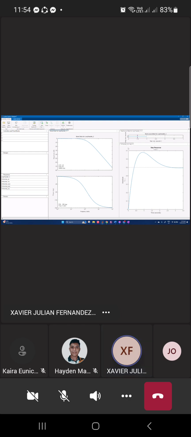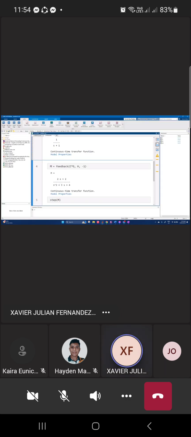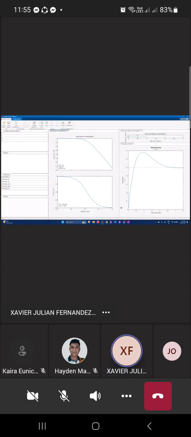Because this is the transfer function from R to Y. Di ba R is our input, Y is our output. Which is this transfer function. Di ba? Input, output. So, kana siya ang transfer function. If we take the step response, that's from R to Y.